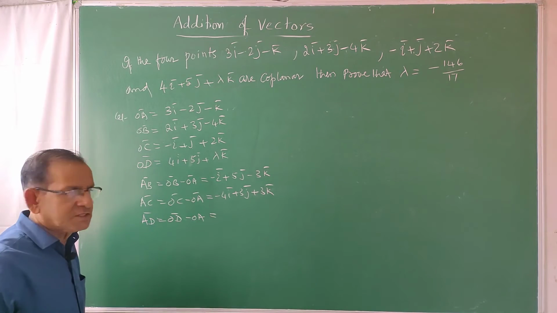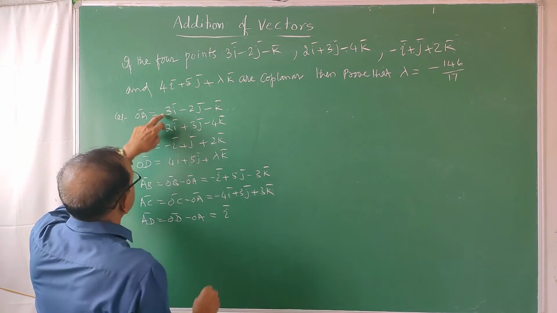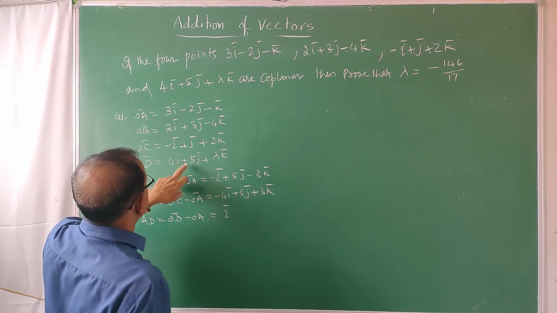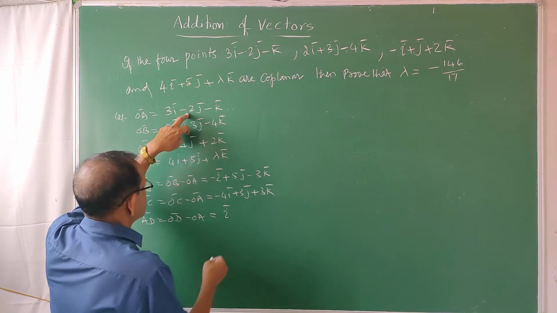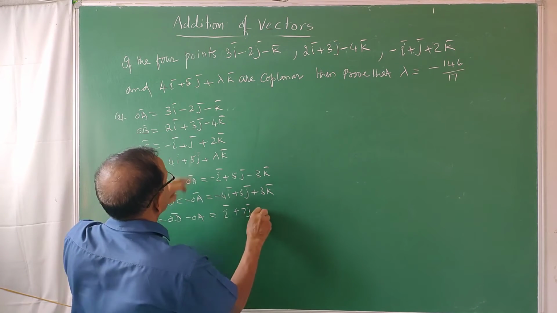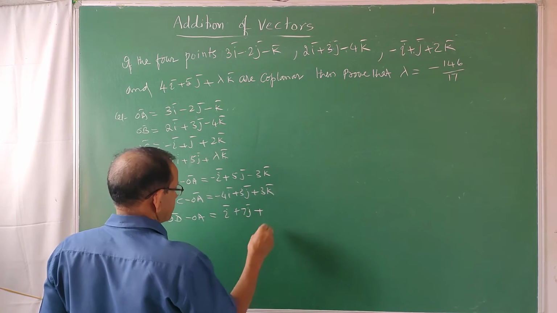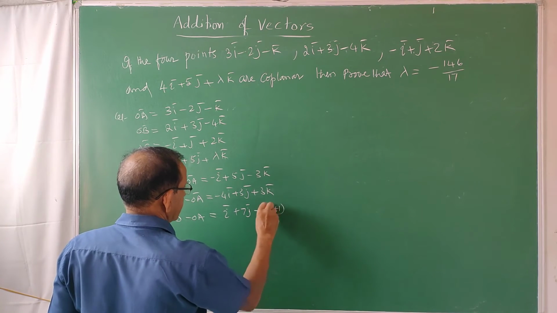Fourth minus first: 4I minus 3I, I bar, 5J minus 2J plus 2J, that is 7J bar, plus lambda K minus K, lambda K plus K. So lambda plus 1 into K bar.